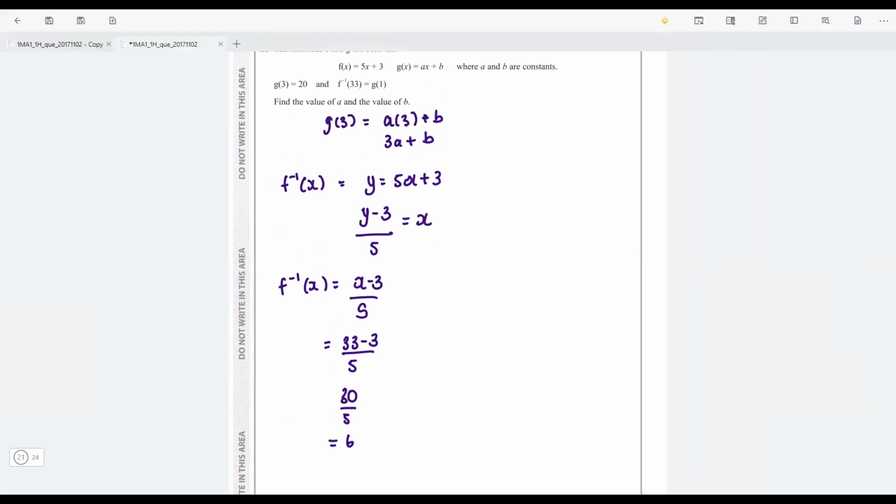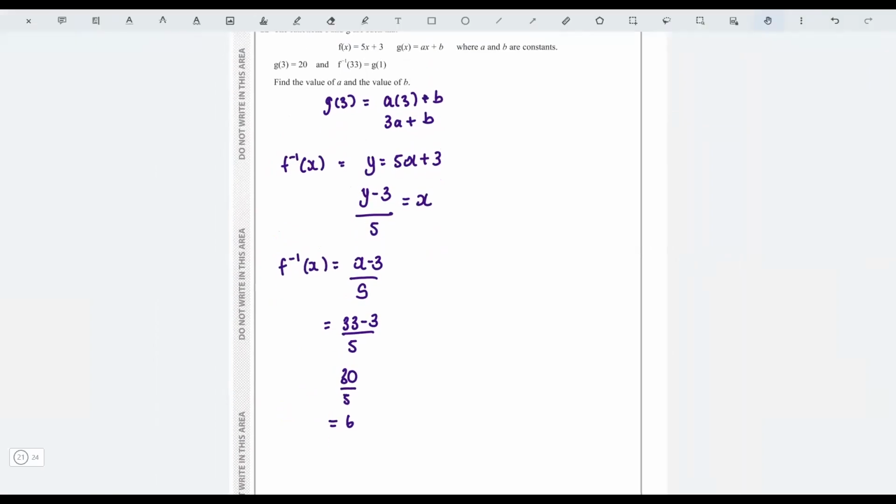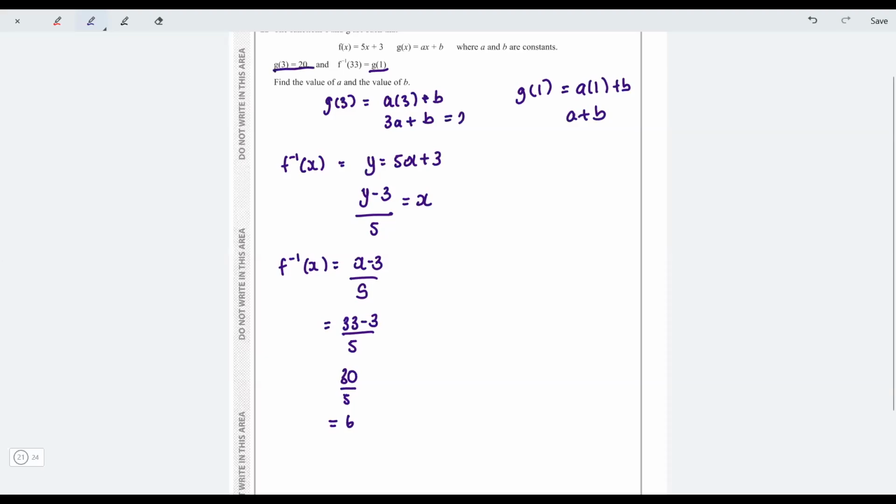It tells you g of 1 would be a times 1 add b, which is a add b. Right, simultaneous equations now, because I've got g of 3 is equal to 20.